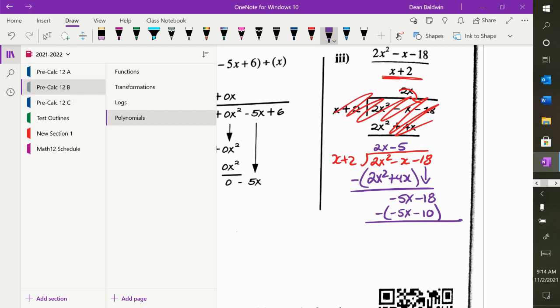Negative 18 minus negative 10 is negative 8. At this point, does x go into 8? No. So this is your remainder. This is your quotient. And that is your divisor.